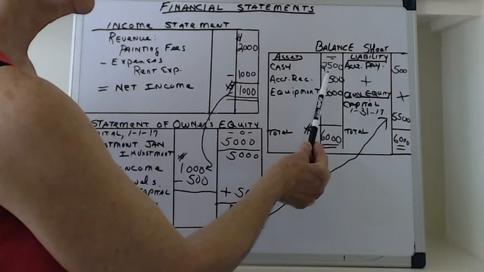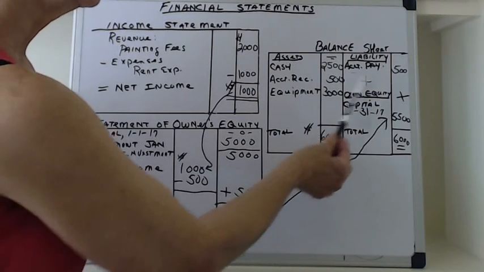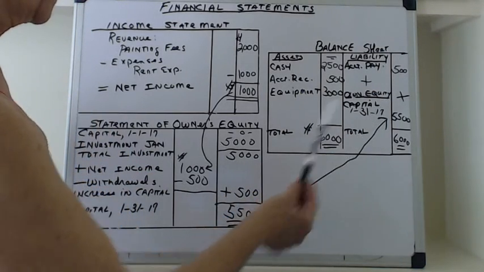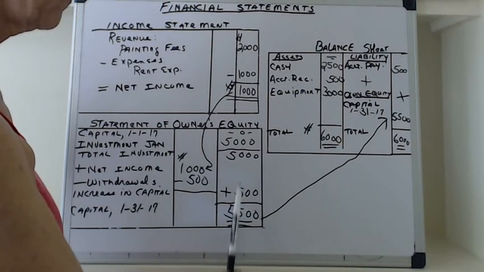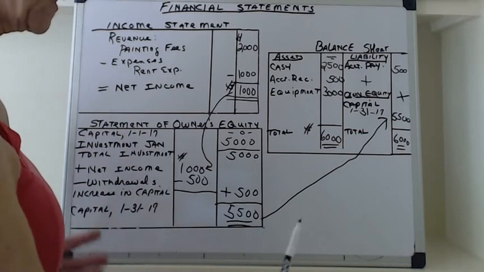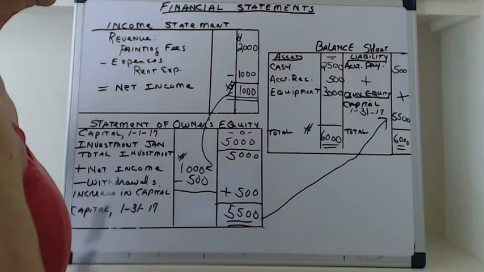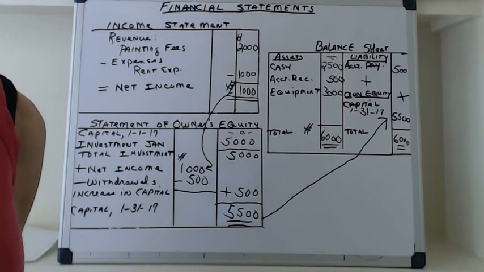His cash, he has $2,500, and a customer is going to give him $500. He could easily pay off his debt. So he's doing fine. His business is growing. He left $500 in the business to increase his capital in his business. And he made a profit for the month. So he's doing pretty good for a first month beginning business.